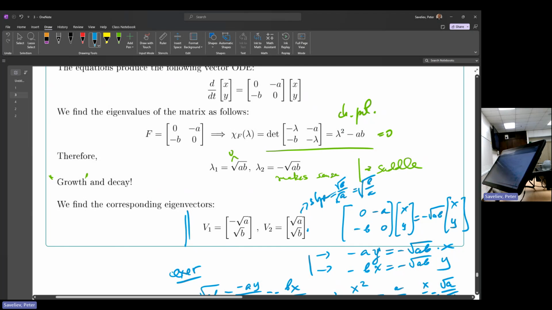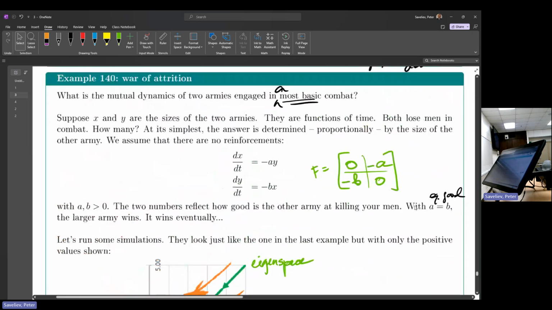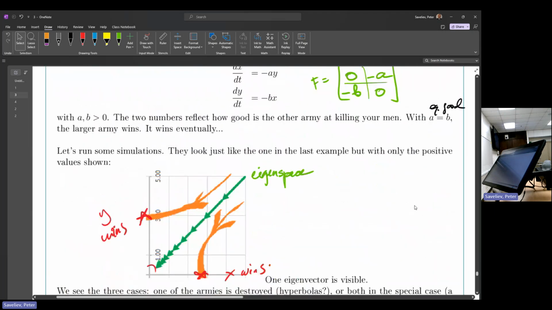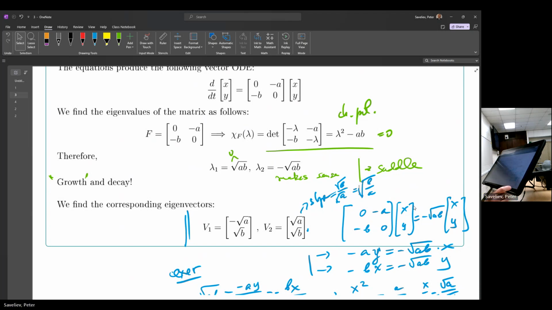The proportionality between the quality of these two armies, A and B, would indicate which army is better, and the slope depends on whether the second army is better than the first. If B is larger than A, the slope will be steep.